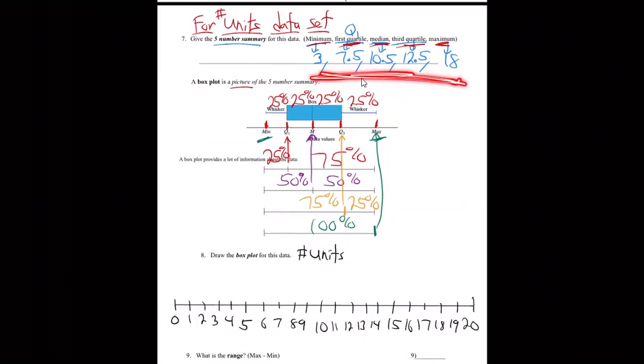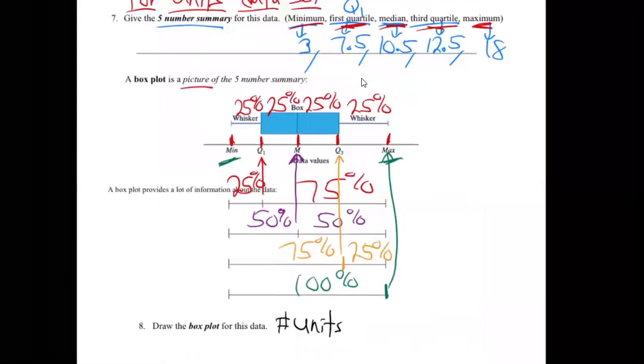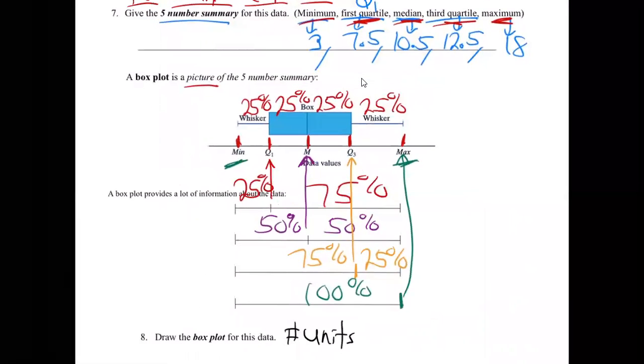So now I'm going to make the box plot on that number line. How do you do it? Well, notice, guys and gals, that the box goes from Q1 to Q3, doesn't it? And then these, what are called whiskers, go out to the minimum and up here to the maximum.